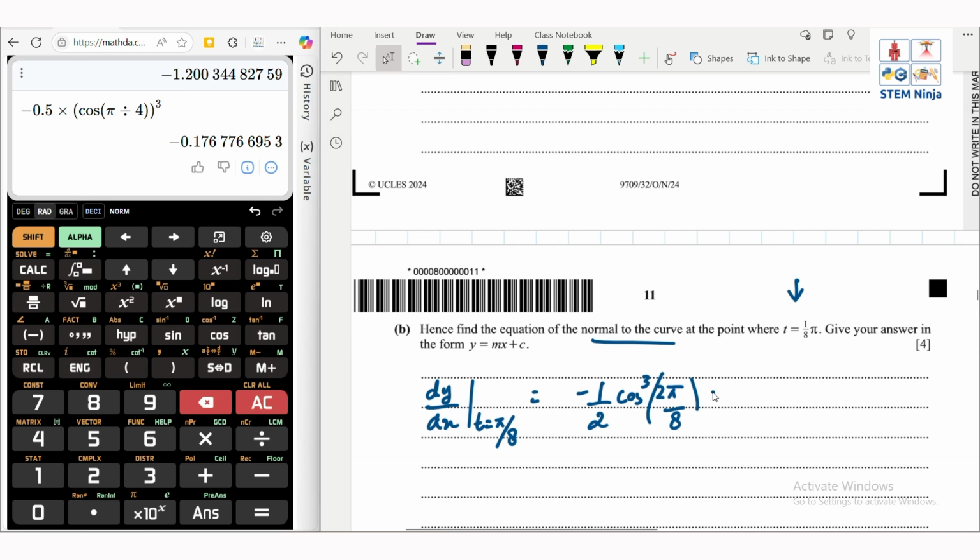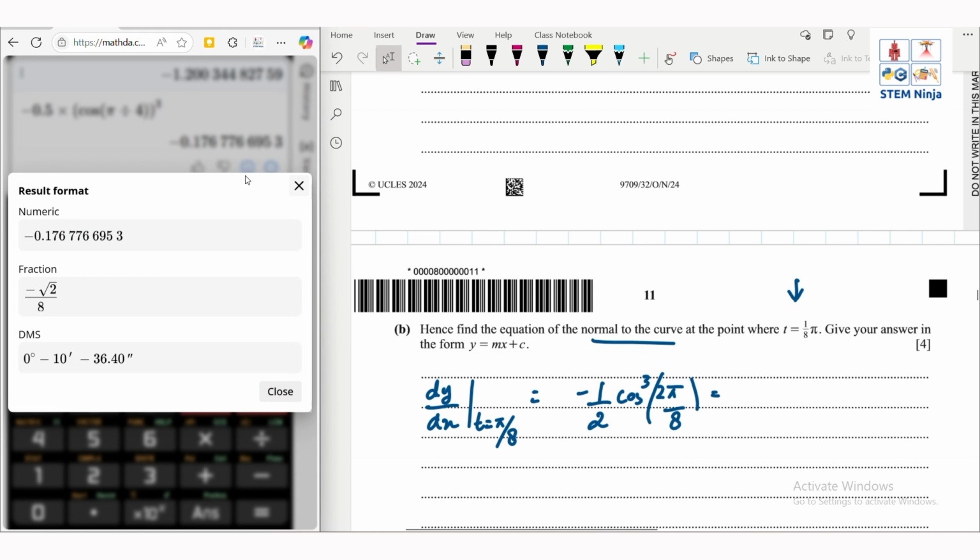So let's see, oh yes, there's an exact answer, minus square root 2 over 8.